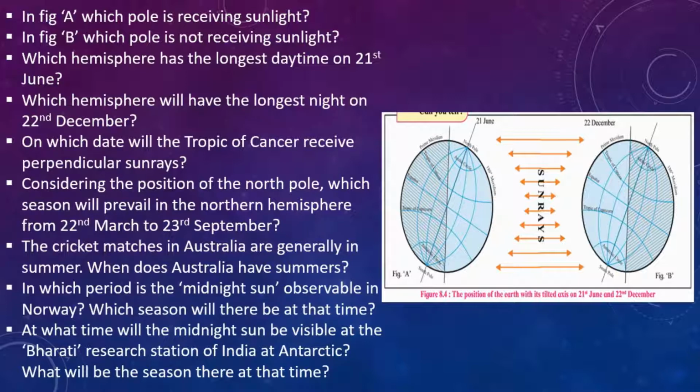Next, at what time will the midnight sun be visible at the Bharti Research Station of India at Antarctica? What will be the season there at that time? The midnight sun will be visible at Bharti Research Station of India at Antarctica from 23rd September to 21st March. It will be summer season there.